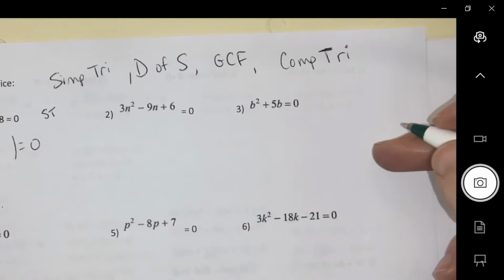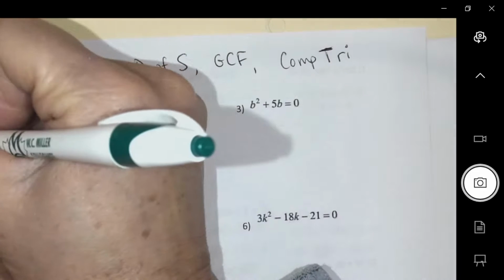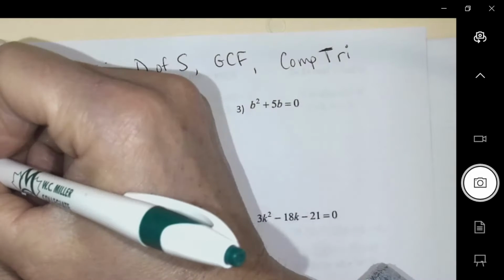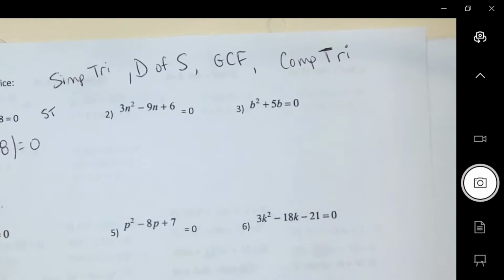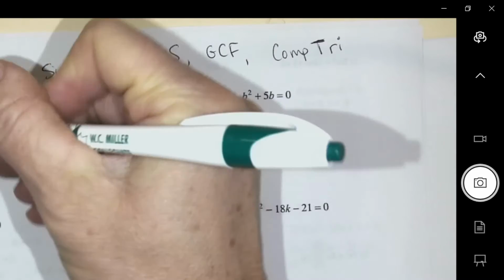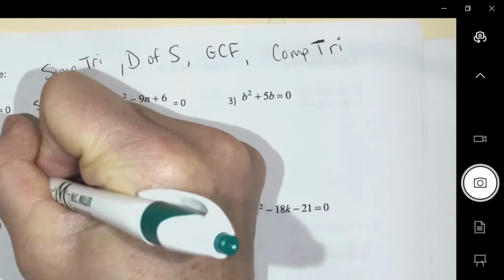Now, what times what makes 48, but at the same time it has to add to 14? 6 times 8. So 6 times 8. And they're both going to be plus, because plus 48 plus 14. So your x-intercepts are -6, or not your x-intercepts.